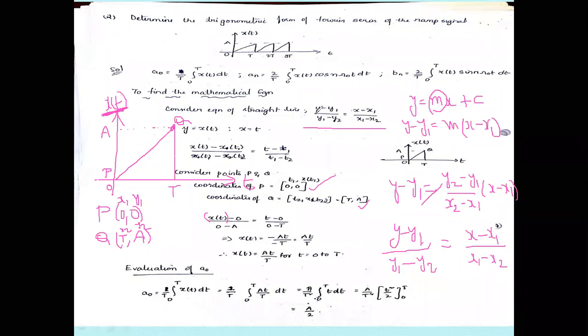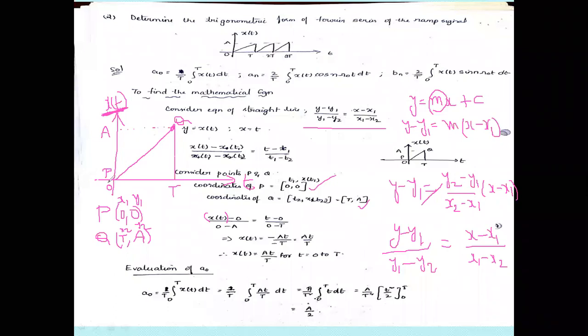Here the y-axis has the signal x of t, so x of t minus 0, whole divided by y1, which is 0, minus y2, which is A, is equal to x minus x2.